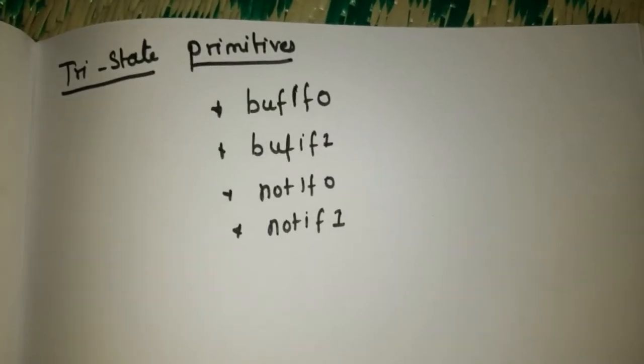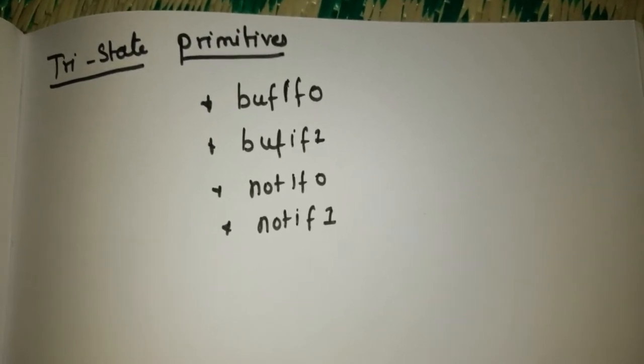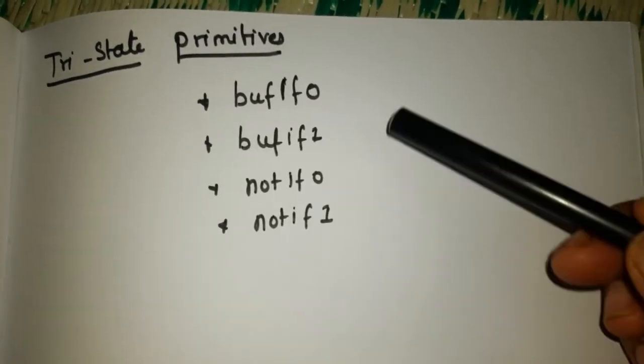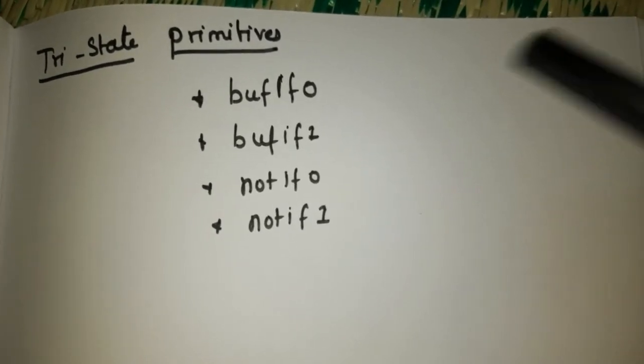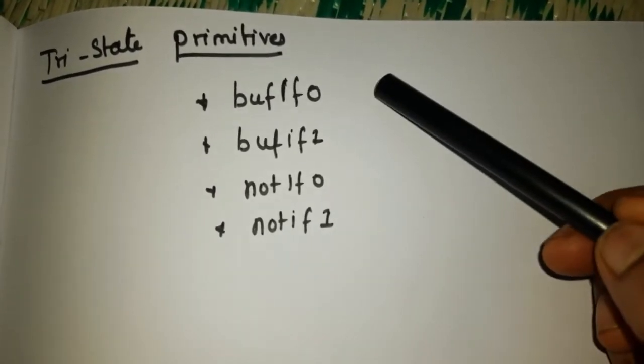Next we will see about tri-state primitives, and these are the conditional gates. That means it can declare more than one output for one input, based on the control lines.